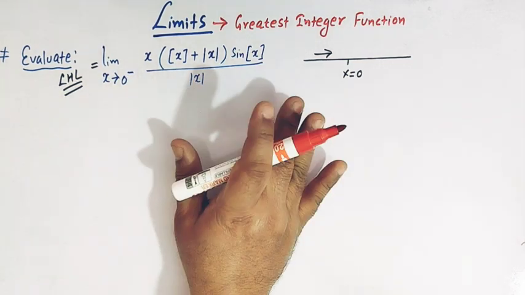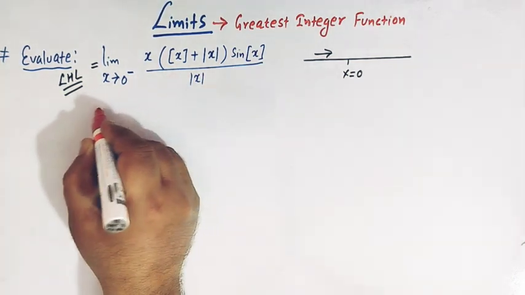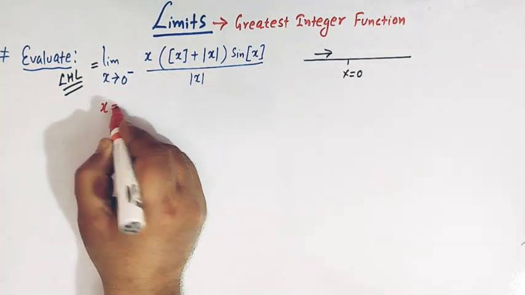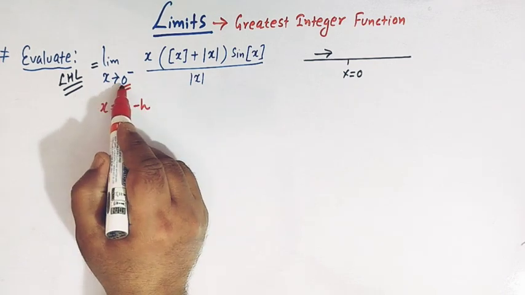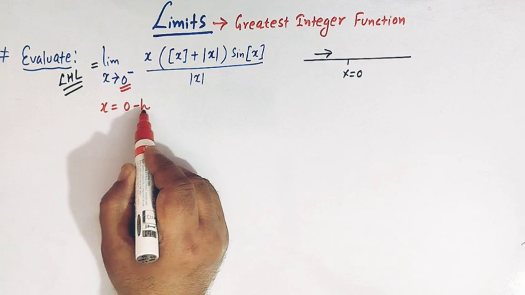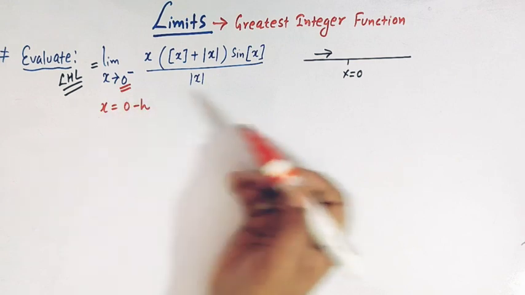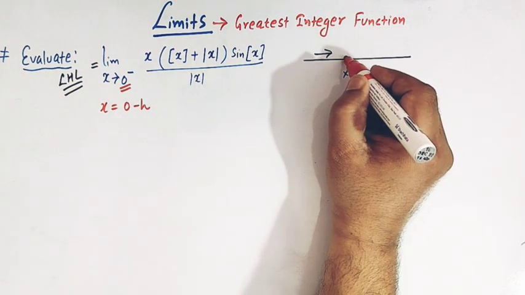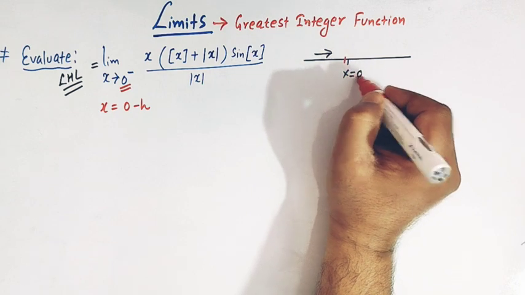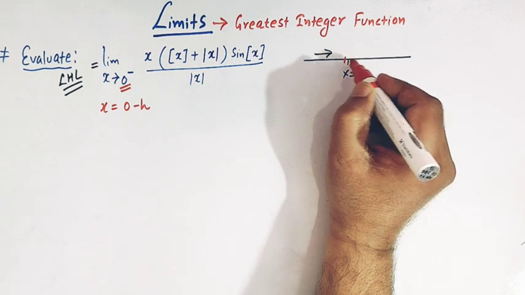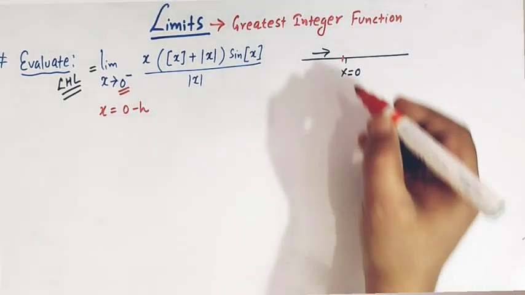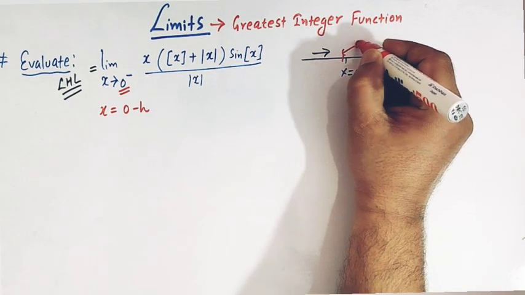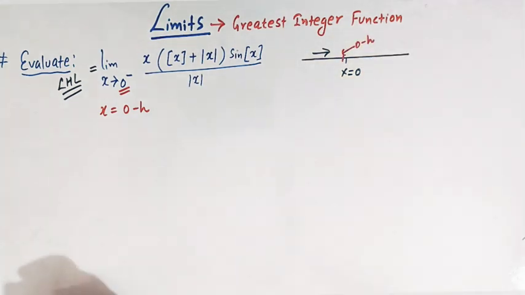So to evaluate these types of limits, we'll take x equal to 0 minus h, right? So here we have x tends to 0 minus, so we'll introduce a quantity h. It means we are in the left neighborhood of x equal to 0. So we are here, that is 0 minus h, right?